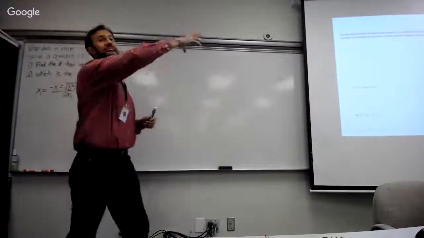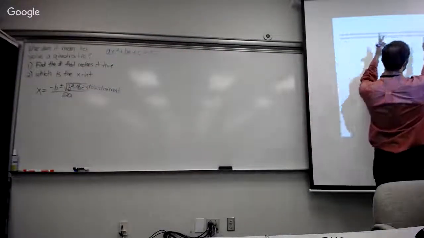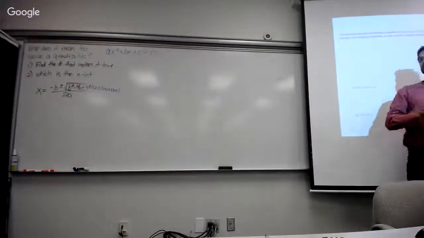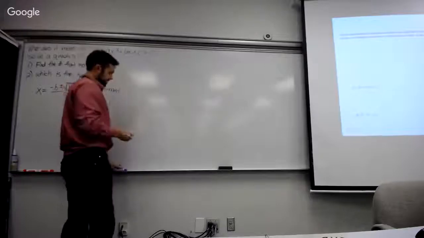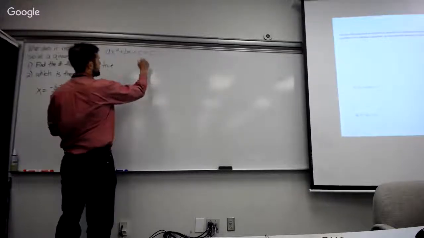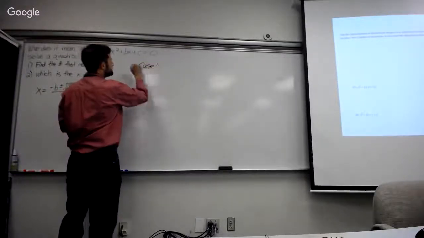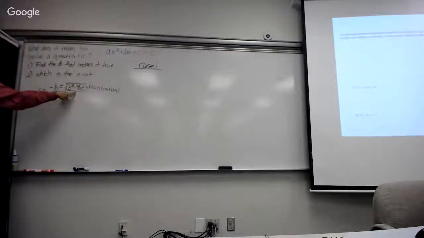All right, so you're going to have three cases. Case 1, case 2, case 3. So let's start by writing down case 1. What if when you're doing the quadratic formula, the part underneath the square root is very important.